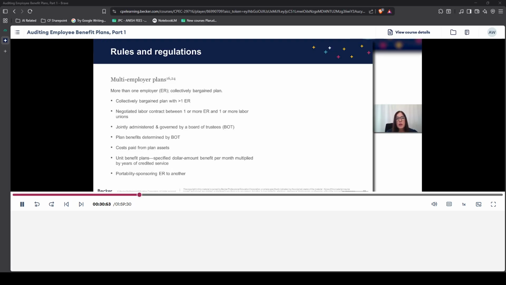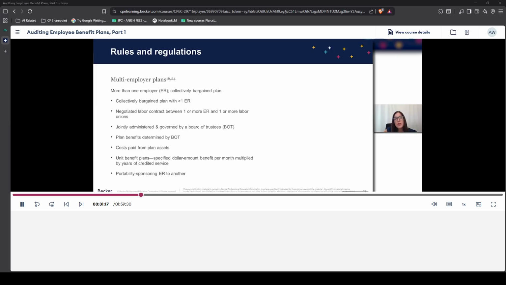With this multi-employer plan, the cost associated with the operation and administration, they're all paid from plan assets. The multi-employer plans are generally also what's considered to be these unit benefit plans, where they have a specified dollar amount benefit per month multiplied by years of credited service.